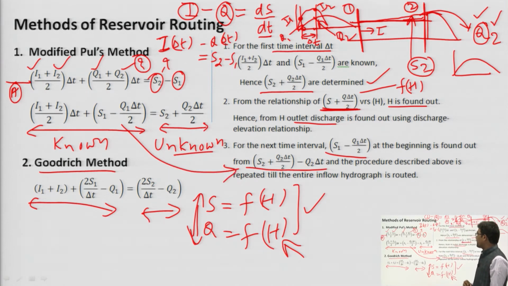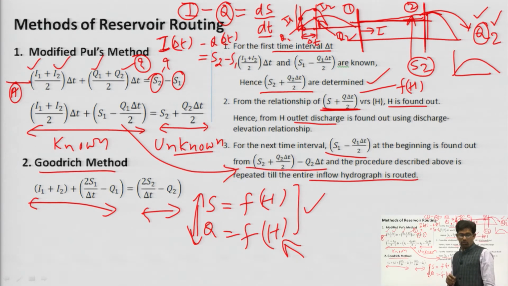Q2, what is Q2? Q2 is the discharge which has been calculated in step number 2. And after doing that, we will repeat the procedure till the entire inflow hydrograph is routed. So, these are 3 steps.